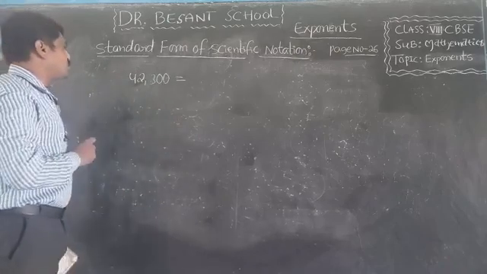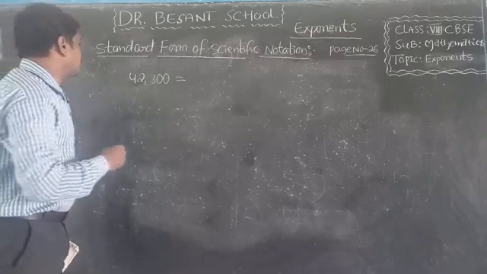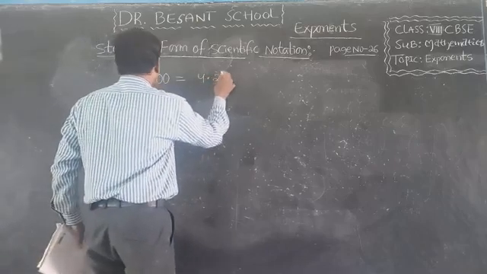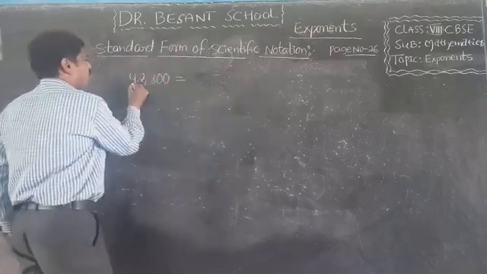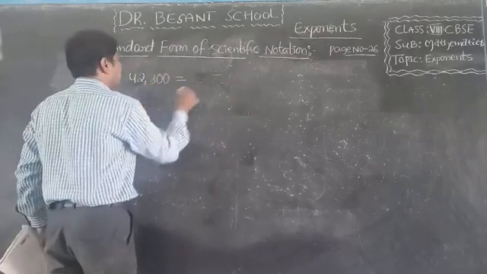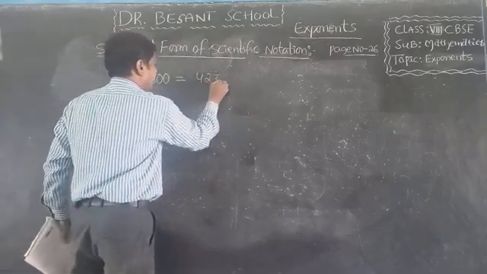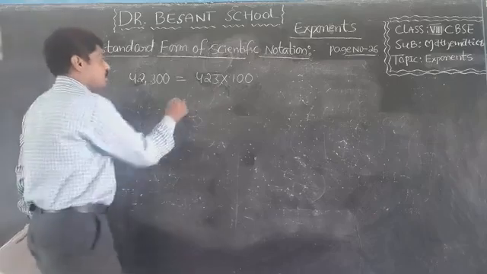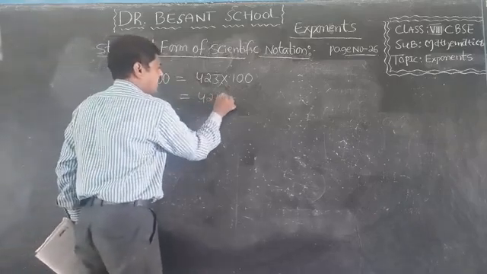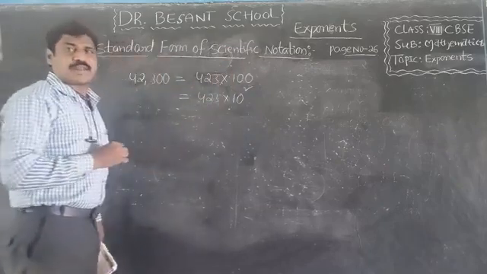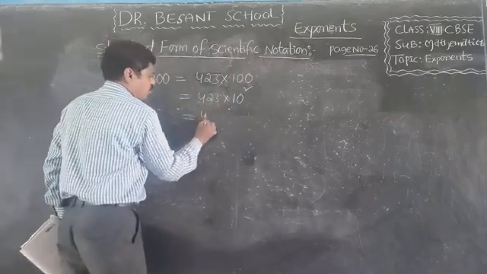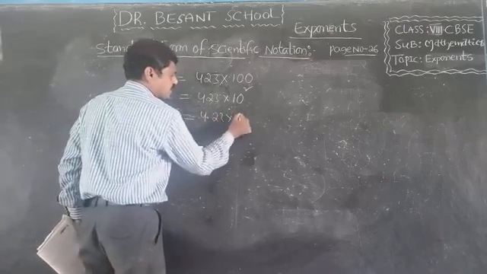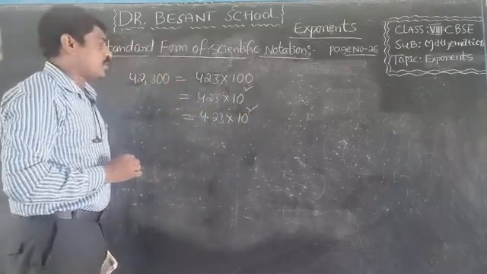Once you observe, this is 4.23. 42,300 is 423 into 100, so that is equal to 423 into 10^2. For 4.23 into, after decimal 2 digits, that's why 10^2.